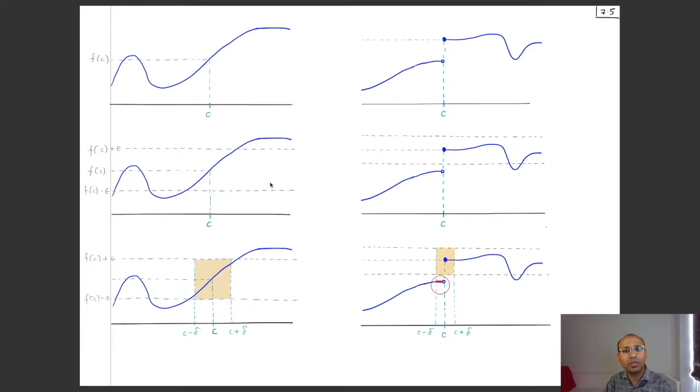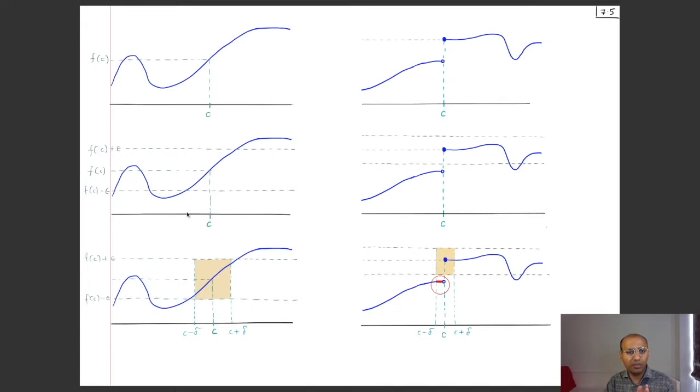So I should choose a more conservative delta. I should not choose such a big delta, but I should reduce it so that then the graph lies below this and above this, right? So it seems that some delta like this would work, right? Because that's where it hits this line. So some distance delta like this would work on this side.